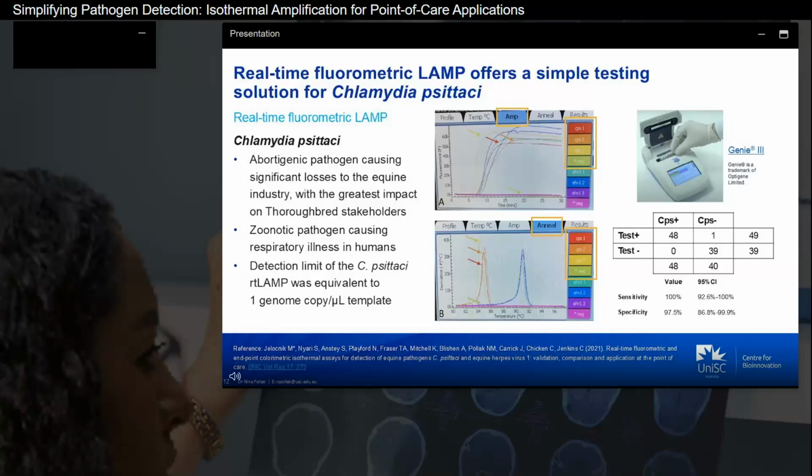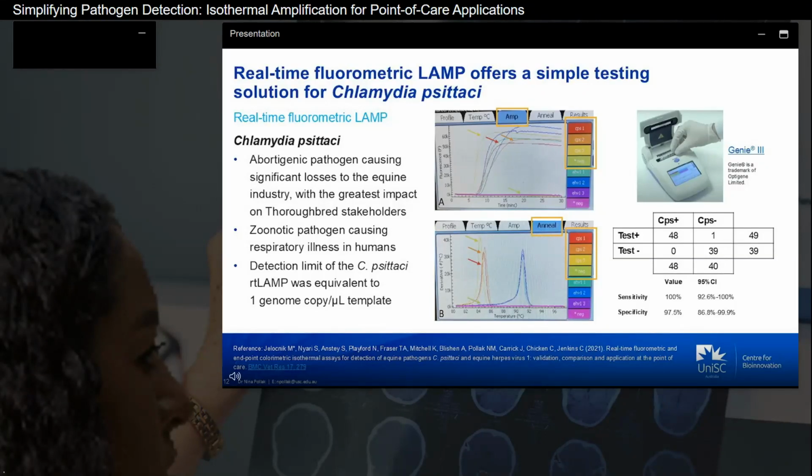To evaluate the effectiveness of our diagnostic methods, we use the Genie system to test real-time LAMP for Chlamydia psittaci detection. On the top left of the slide, you can see the amplification curves with C. psittaci in red, orange, and yellow, and the negative control in green.